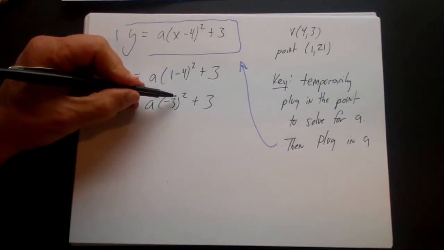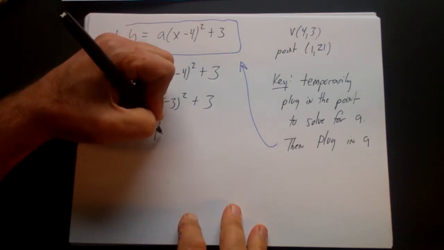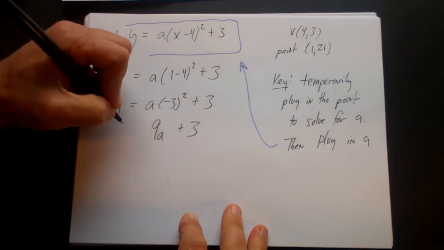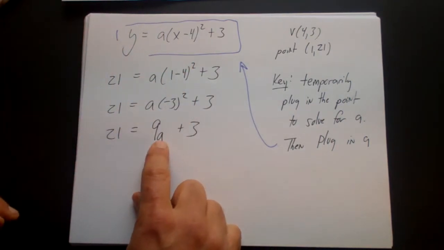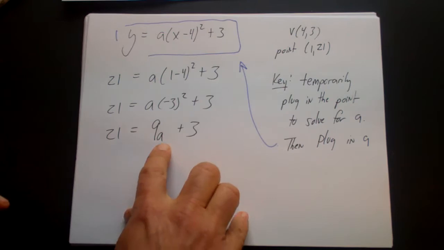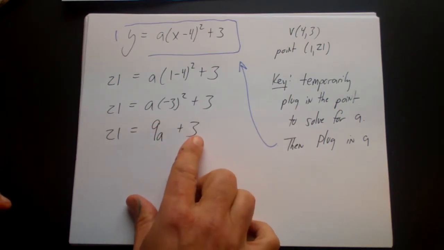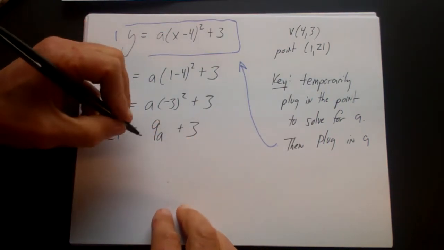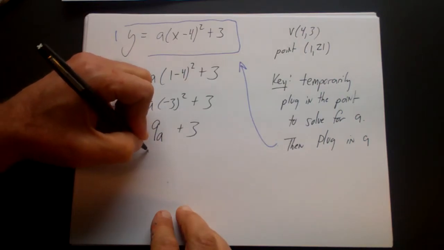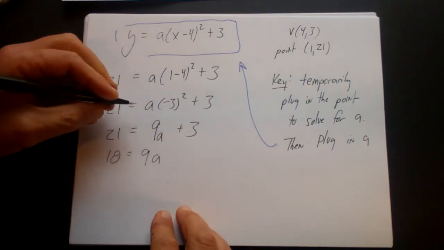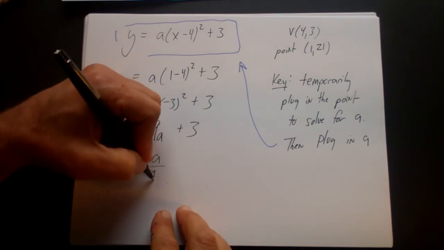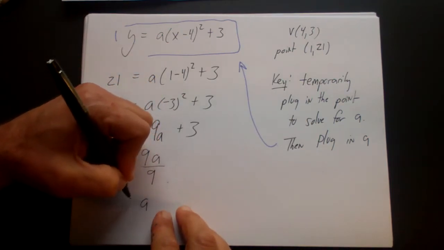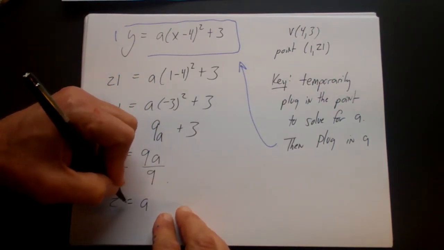And negative 3 squared is 9, so that's 9 times a plus 3 equals 21. Too bad 9 and a look alike. The 9's the taller one. So I'm going to subtract 3, so I get 18 is equal to 9a, and now I'm going to divide by 9. And I get a is equal to 2.